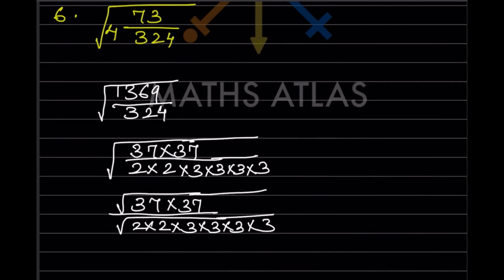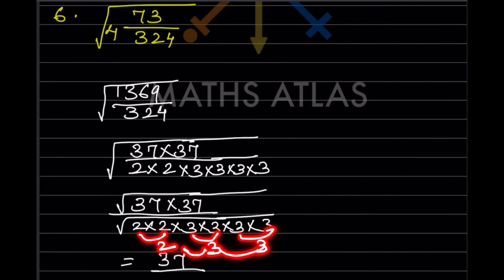So now what is that going to be? This will be 37 divided by, we'll make pairs. So this will be 2, this will be 3, and this is going to be 3. So 3 2s are 6, 6 3s are 18. So here will be 18.